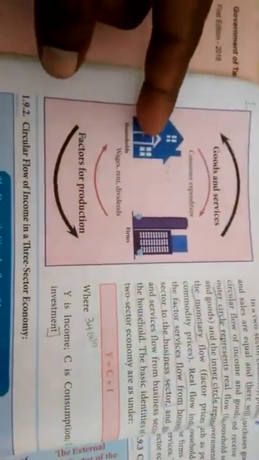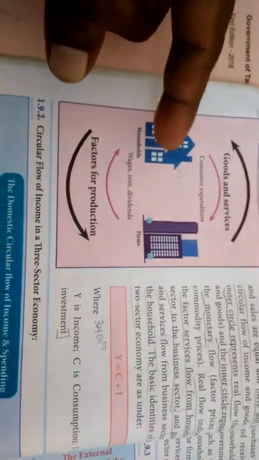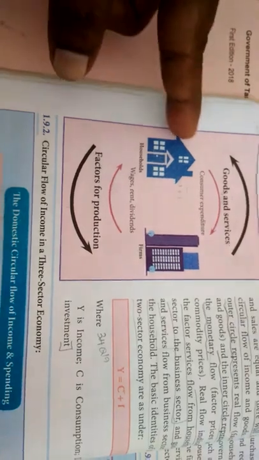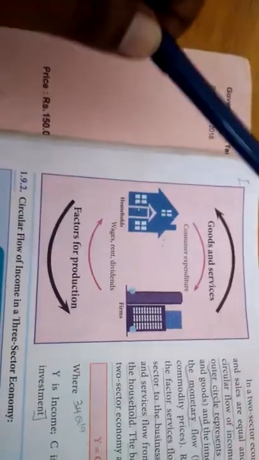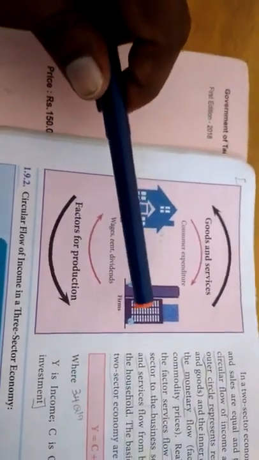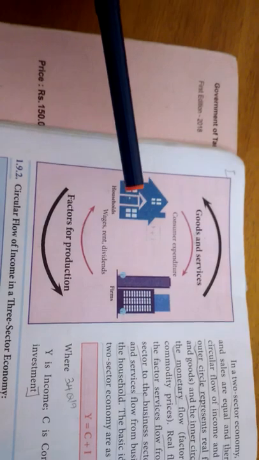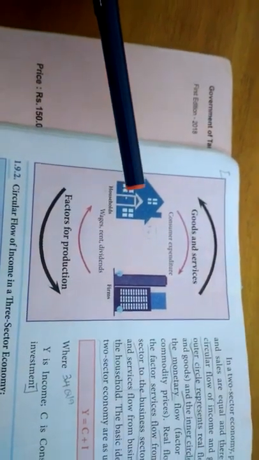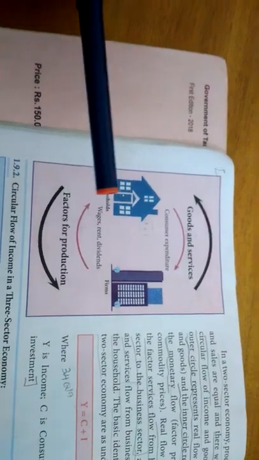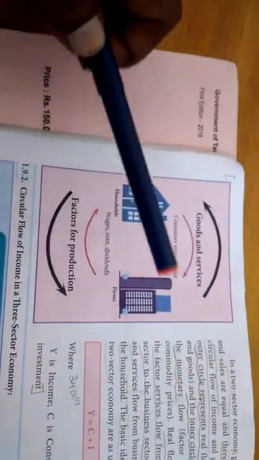Looking at this diagram, the goods and services are coming from the farms to the household sector, and all the factors of production are coming from the household to farms.